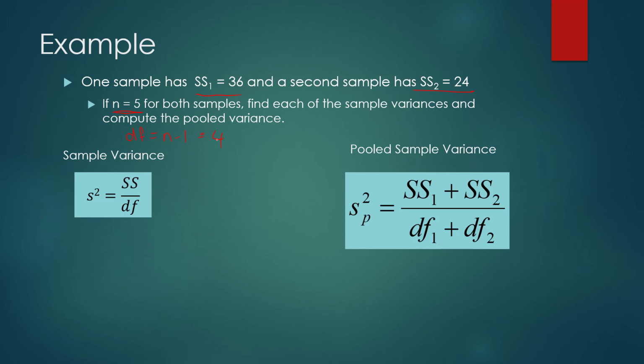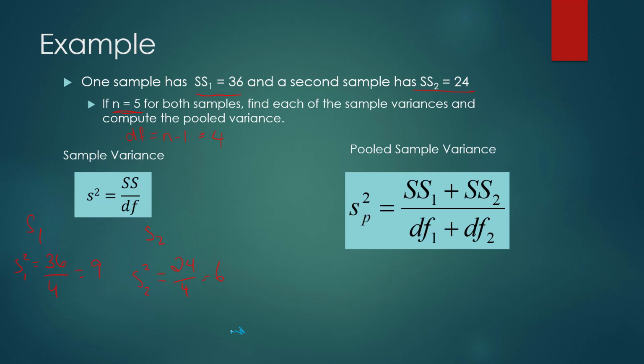So if we were just to calculate our sample variance for sample 1, it would be SS, 36, over 4, which gives us 9. For sample 2, our variance would be 24 over 4, which equals 6.